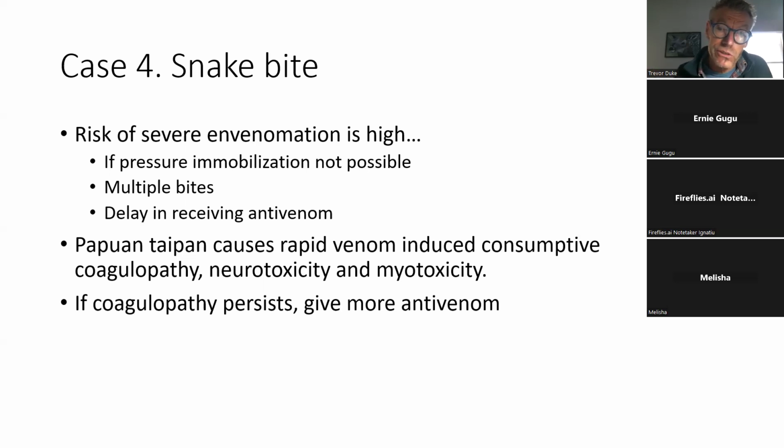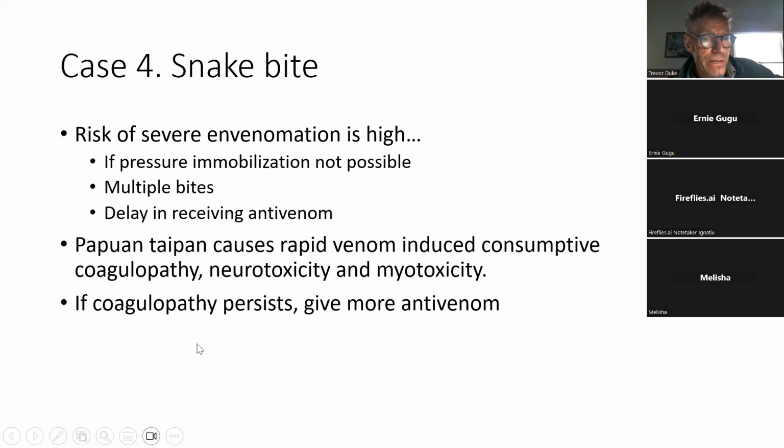So those four things, a procoagulant, a neurotoxin, a myotoxin, and a hemolysin, are the four major toxins within snake venom that you need to deal with. And you can see the features of this clinically in our patients. They sometimes drop their hemoglobin a lot. They lose their reflexes. They get severe muscle breakdown, and they get major bleeding and clotting.